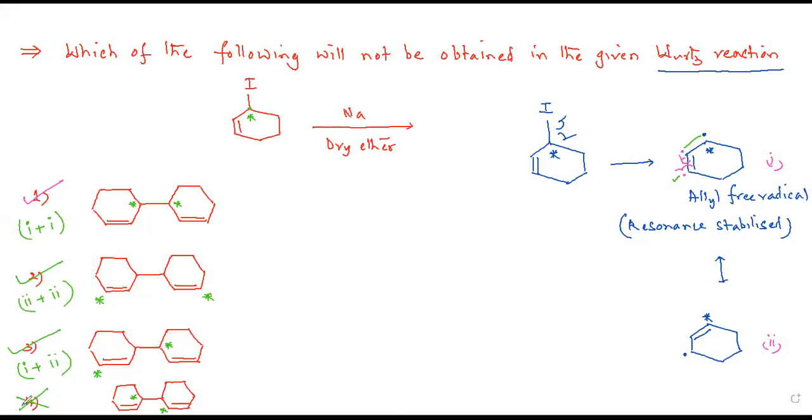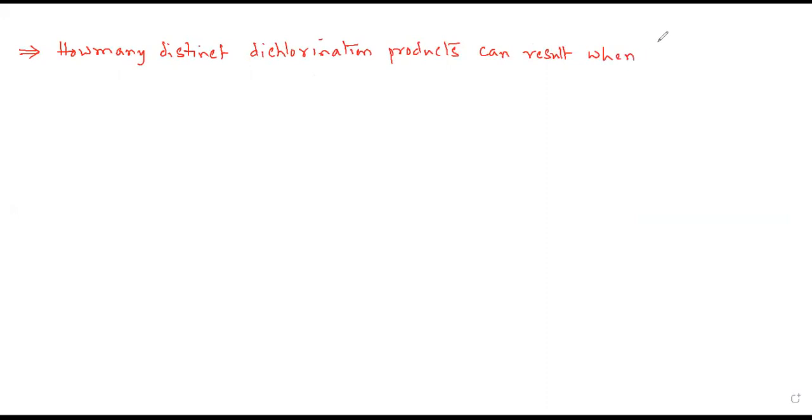Next. How many distinct dichlorination products can result when isobutane is subjected to free radical chlorination?